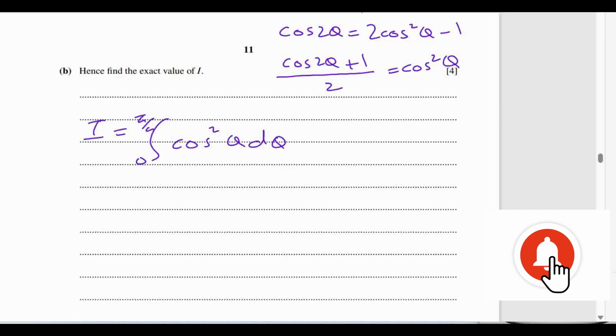We are just rearranging it. So now we can replace here. So I is equal to the integral from 0 to pi by 4 of (cos 2 theta plus 1) whole divided by 2 d theta.